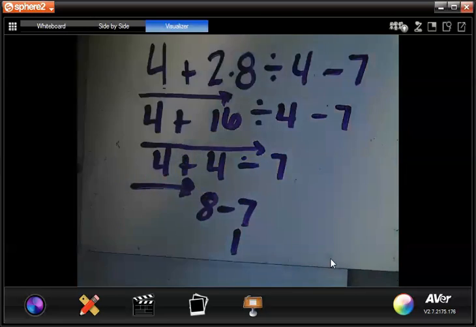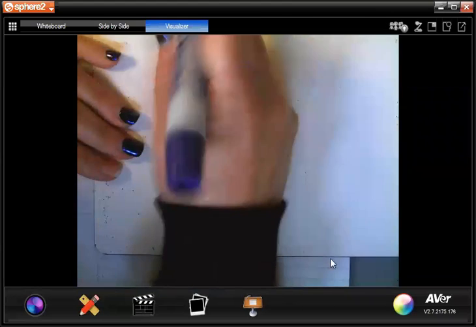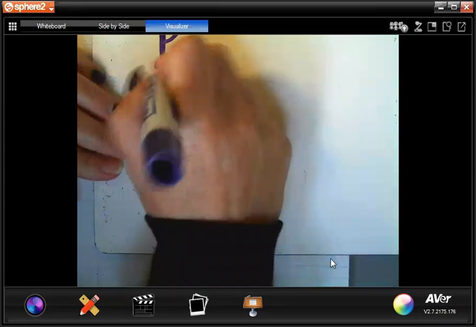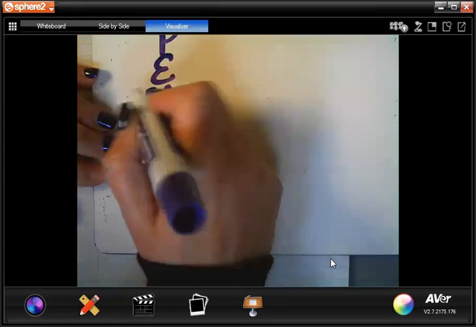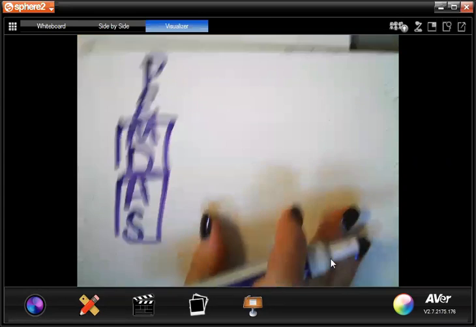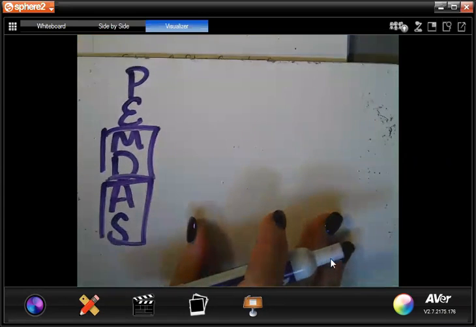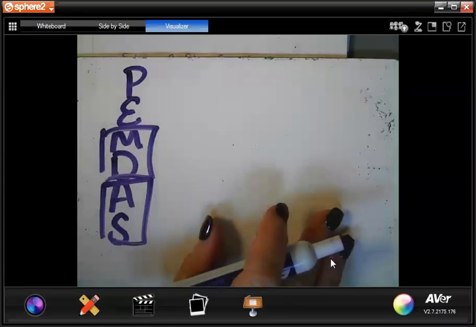So way back in the day, we learned how to solve problems by following the order of operations, which is PEMDAS: parentheses, exponents, multiplication, division, addition, or subtraction, and these go together. When you solve equations, you actually work backwards.